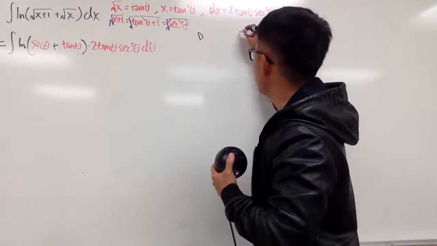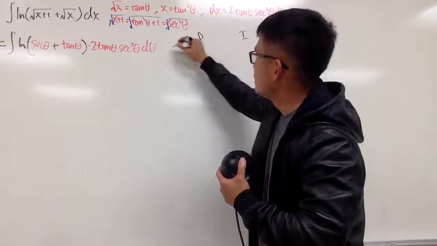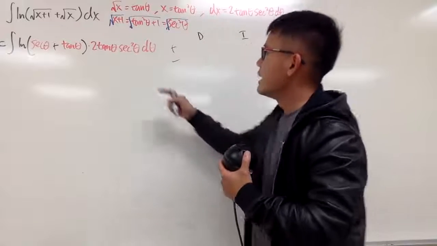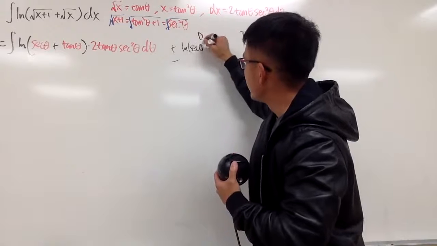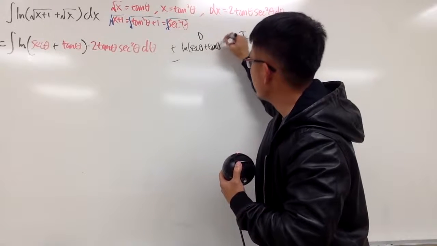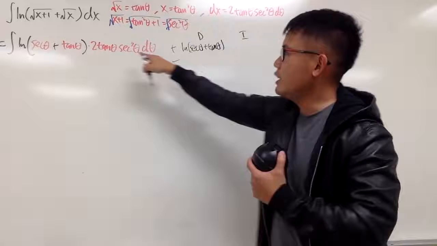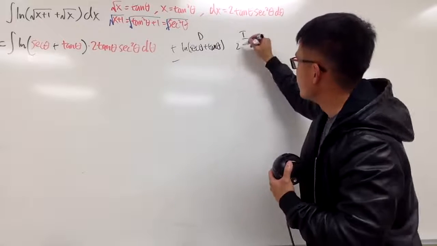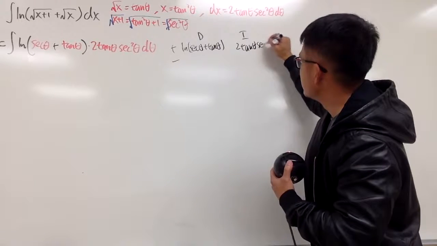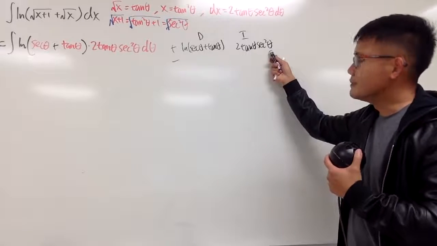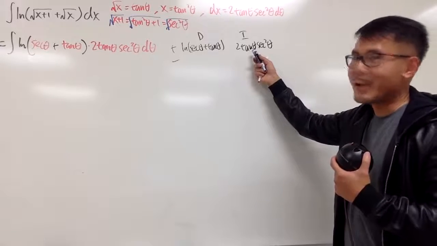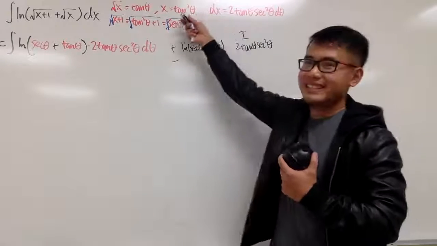Let's put on the D and then the I and the plus minus on the side. Let's differentiate ln of secant theta plus tangent theta, and then we are going to integrate 2 tangent theta secant square theta. The integral of this, you can let u equal tangent theta, or you can just look back, right?